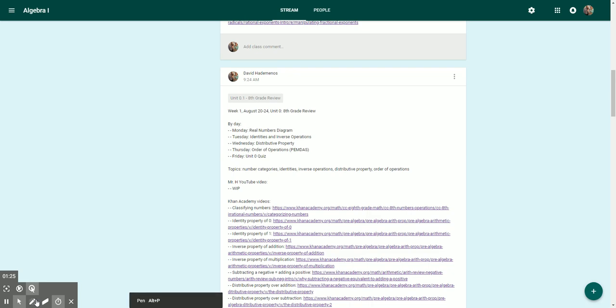So the real number diagram, this was basically where you've got kind of nested dolls, and so you have your natural numbers, also called your counting numbers, and these are your 1, 2, 3, 4, 5, 6, 7, 8, 9, etc. Okay? It does not include zeros, does not include negatives, and it doesn't include anything between these numbers, so no 1.5, no 2.3.